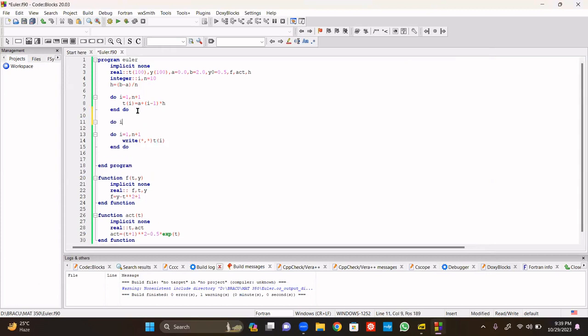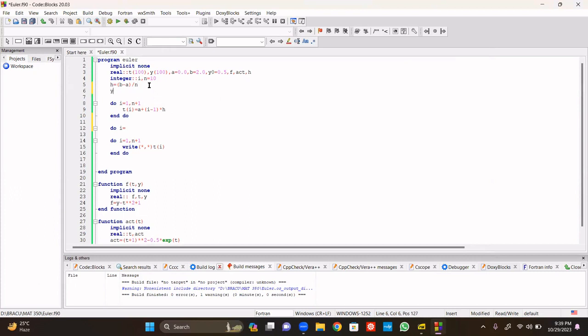Anyway, now let's move on to the actual part of our code. Technically, the first value of y is already known, right? So let's add that here. The first value of y, which is y1, is simply y0, which is 0.5. This is known.